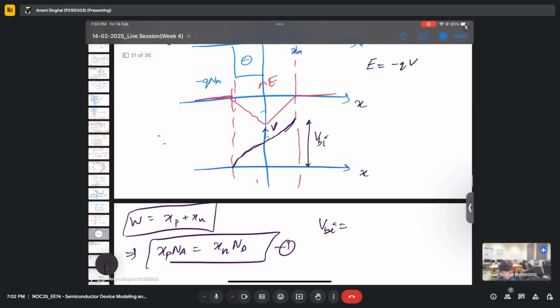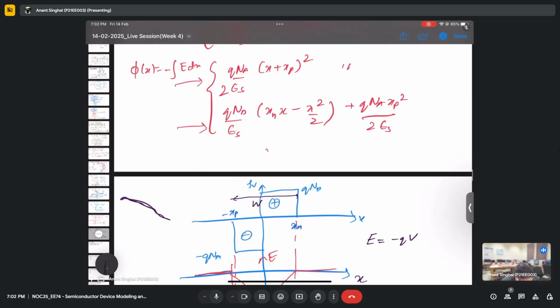So this is, let's say, equation 1, and also the Vbi is, okay, I guess I forgot to tell you. So Vbi is nothing but the potential here at x equals xn. So I can calculate the potential also. So Vbi at x equals xn: there is this formula, right?